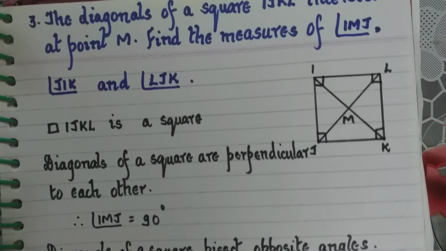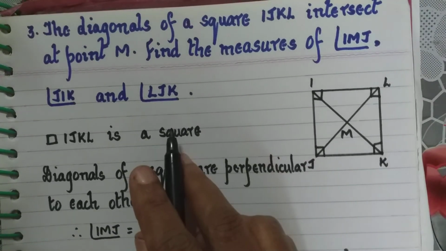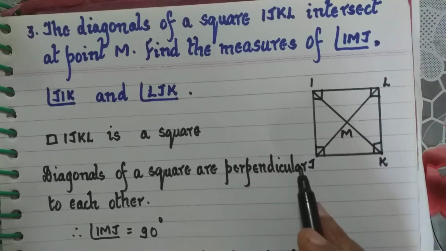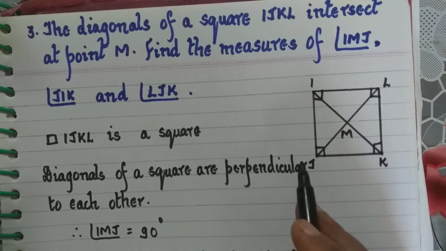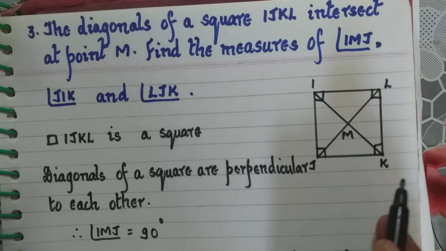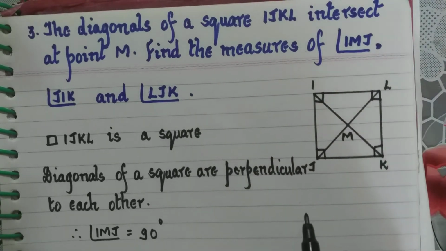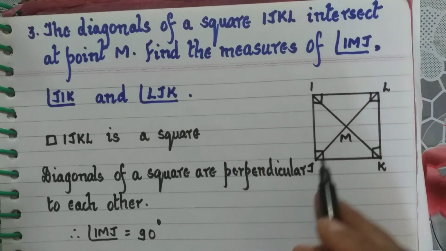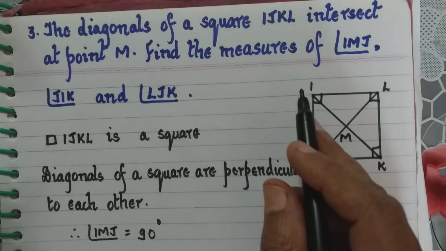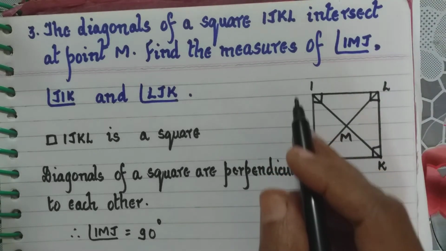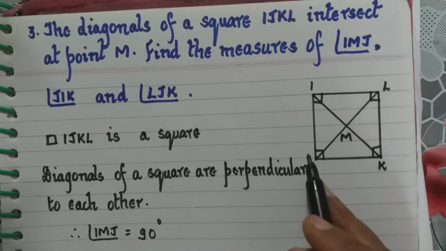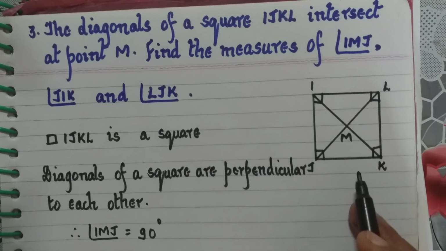They have also asked us one more angle, angle LJK. Now this LJK also is found in the same way as the previous one. Why? Because this diagonal LJ is dividing this angle IJK into two equal parts.